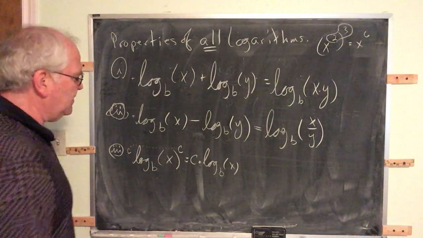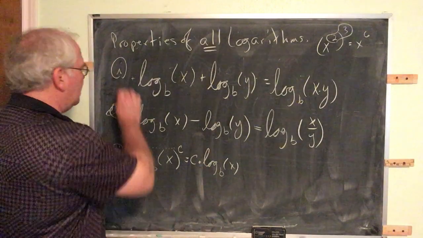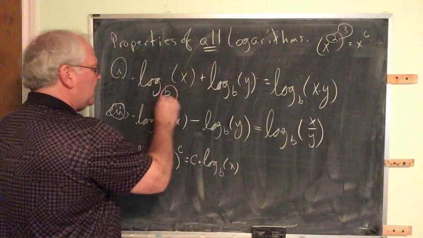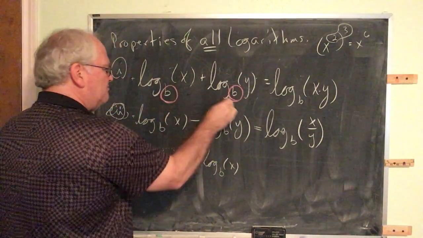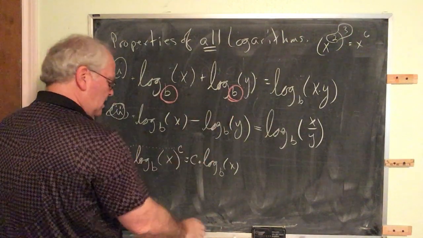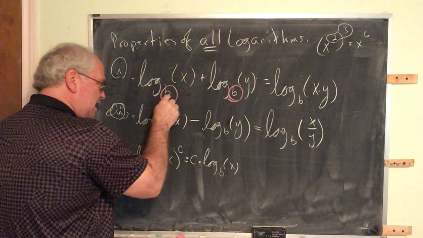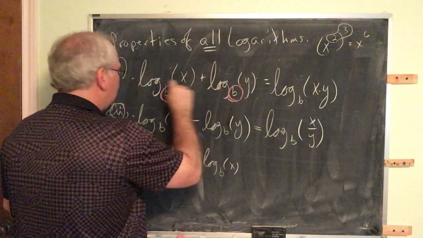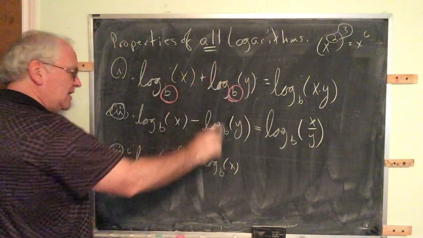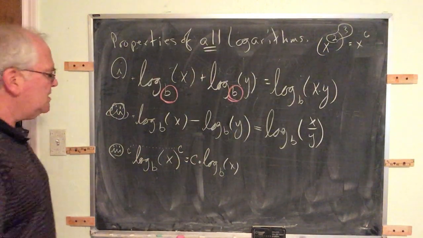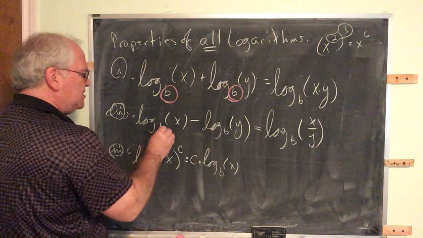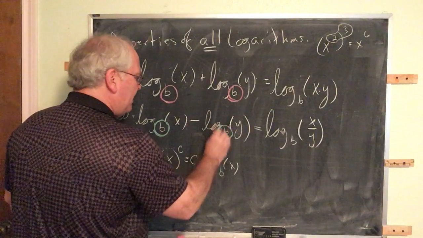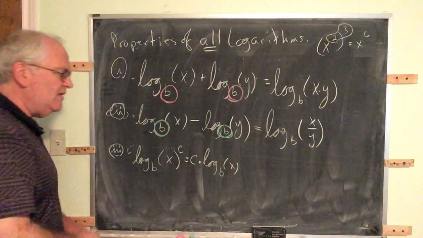The last detail is this. When you apply property number 1 and property number 2, those bases must be the same. If we have log base 3 here and log base 4 here, then they do not combine, at least not in this form. Similarly, when you're doing property number 2, that base and that base must be the same.